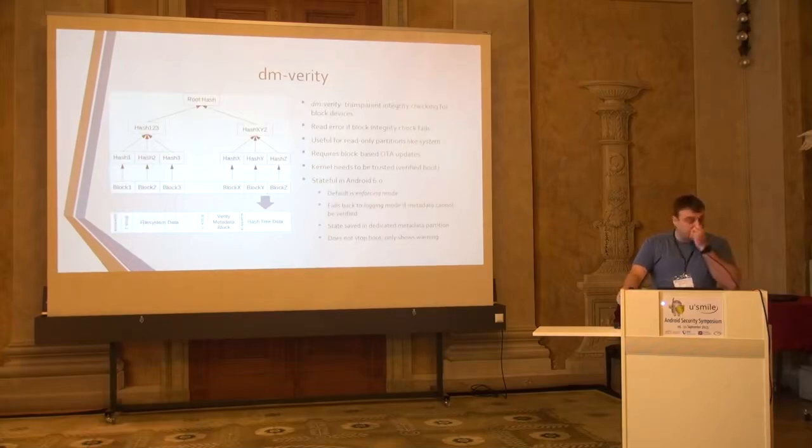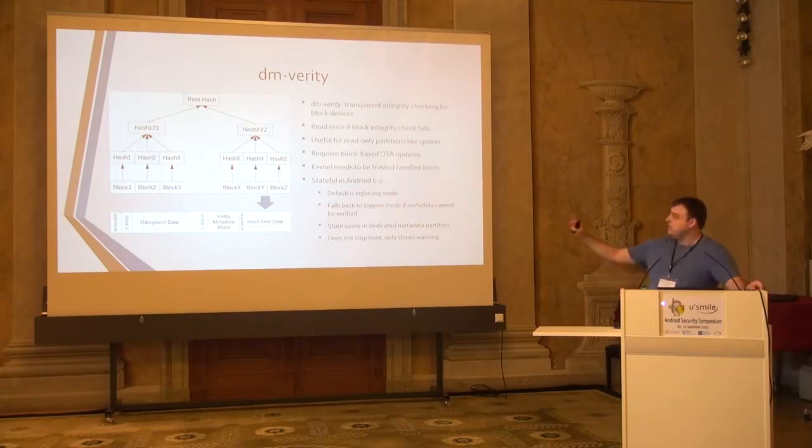dm-verity is a transparent integrity checking for block devices, originally used for Chrome OS. It's been integrated in Android since 4.4, I believe, but it's only been deployed recently. What it does is basically it generates read errors if block integrity fails.